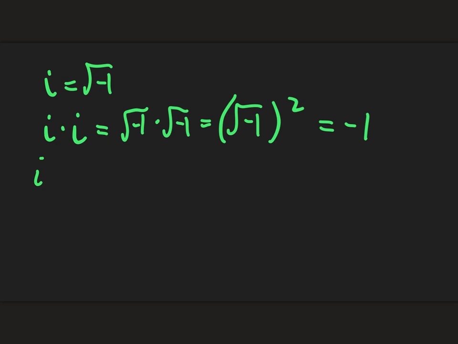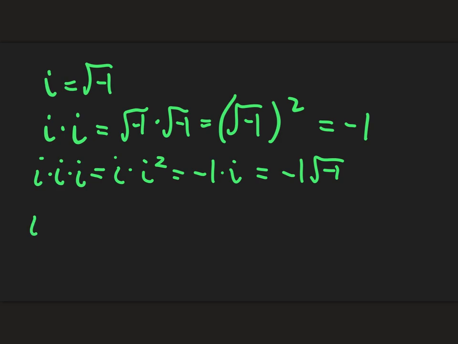I times I times I is the same as I times I squared. I squared is -1 times I, which is -1 times the square root of -1, or the negative of the square root of 1.